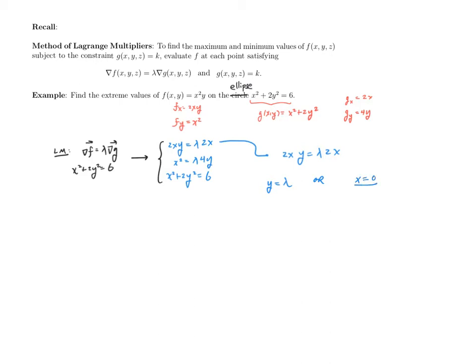And I do want to caution you to be careful. A common mistake for a problem of this form is to immediately divide both sides by 2x and conclude y equals lambda is the only possibility. But remember, when you divide by 2x to come up with this y equals lambda, you're assuming x is not 0, which always leaves open that possibility for x to equal 0. So let's go ahead and see what that gives us.